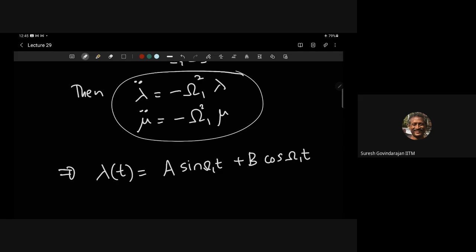Okay, so now you can see that lambda, once you give it some initial value, it's not going to grow. If you're given some initial value of lambda and mu, you can determine A and B.